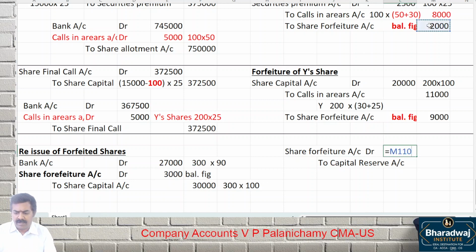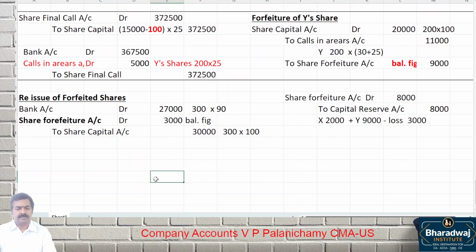This 2,000 plus 9,000 gain, minus loss 3,000. How much will you transfer to capital reserve? 8,000 you will transfer to capital reserve. X out of forfeiture 2,000 plus Y out of forfeiture 9,000 minus loss 3,000. So the net amount we will transfer to capital reserve. It's a very good examination question that can be tested.